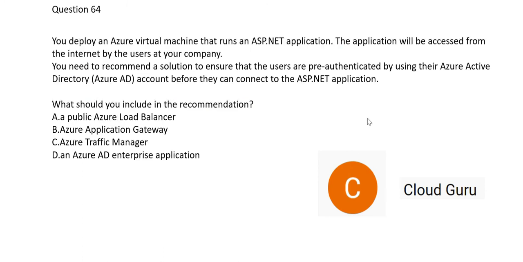Now this question for me, the keyword here is pre-authenticated. See, what it is saying is you have a virtual machine on Azure and you have an application, an ASP.NET application. Just assume that there is an application and from the internet, suppose you are working for a company and from that company via internet you are accessing that application.